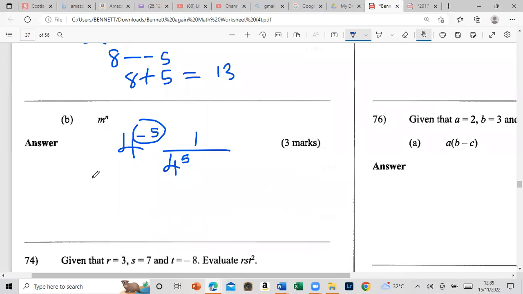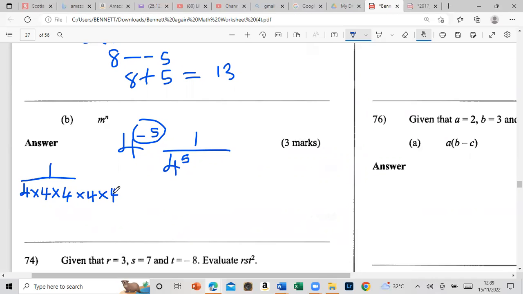So this is the same as 1 over 4 multiplied five times. So that's 4 times 4 times 4 times 4, 5 times, right? 1, 2, 3, 4, 5. 4 times 4 is 16, times 4 we get 64.